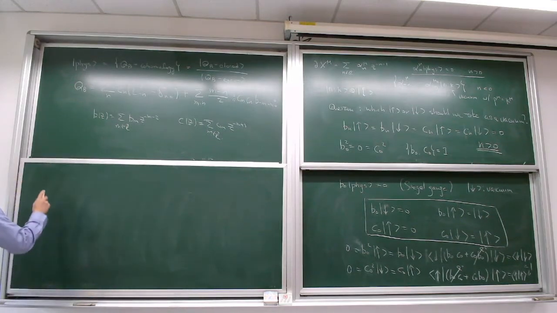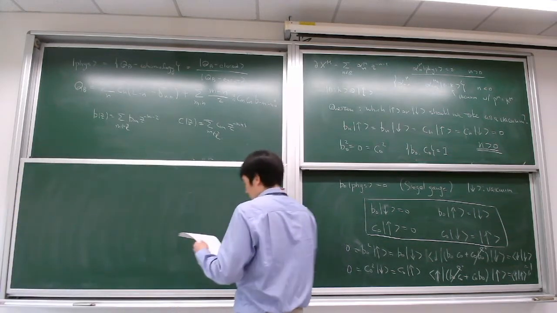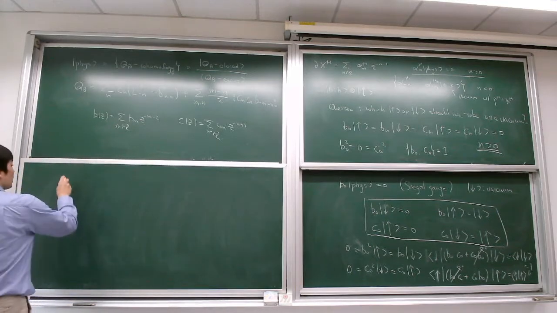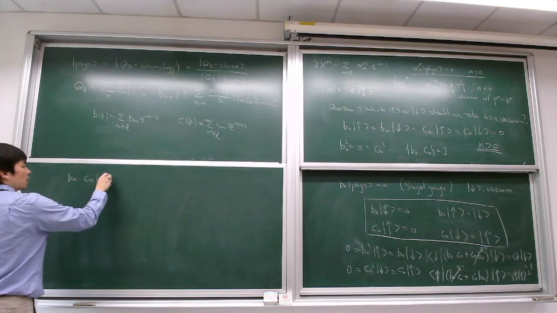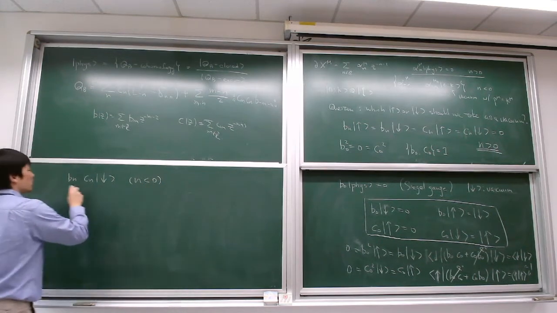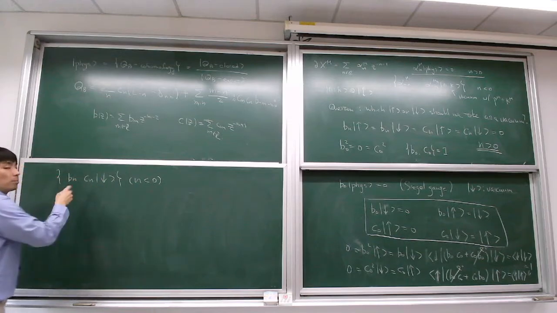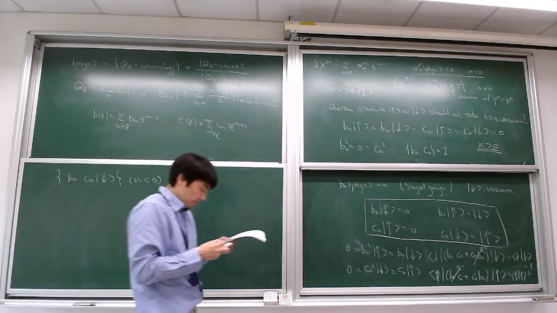So now we pick the vacuum. The Fock space created by this gauge field is given by B_n and also C_n acting on this down spin state, where n is the creation operator. So these are the Fock space states you will get. B and C act on this vacuum. That's the Fock space coming from the gauge field.